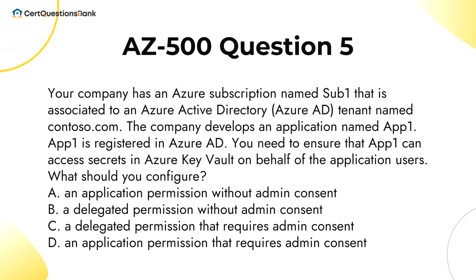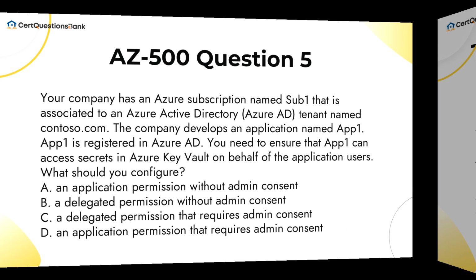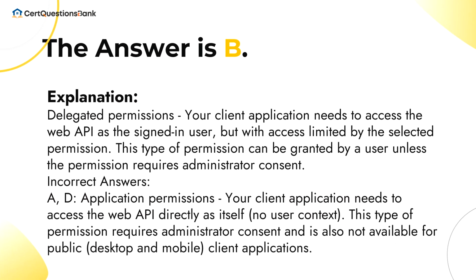What should you configure? A. An application permission without admin consent. B. A delegated permission without admin consent. C. A delegated permission that requires admin consent. D. An application permission that requires admin consent. The answer is B.